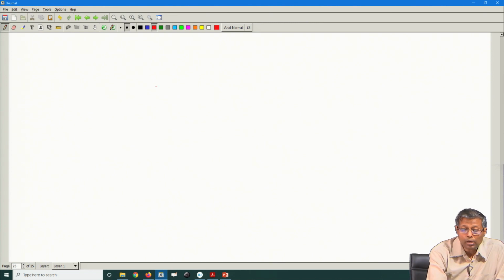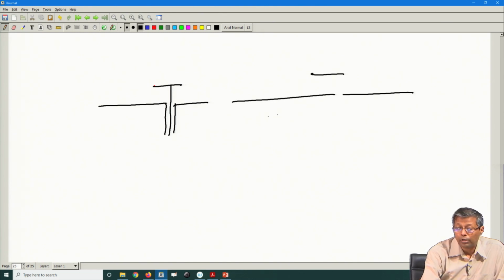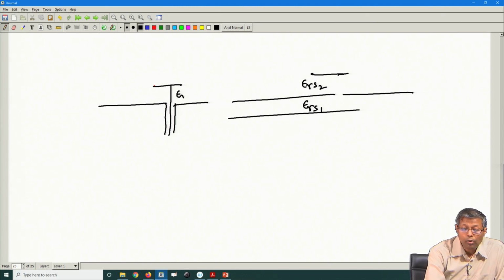So, let us suppose I have a patch which is excited by a coaxial probe, and I have the same patch which is excited by a slot coupled feed. So, you see that this feed uses two different kinds of substrates, RS1, RS2, while I have only one kind of substrate here.